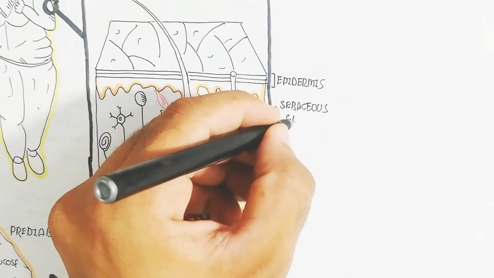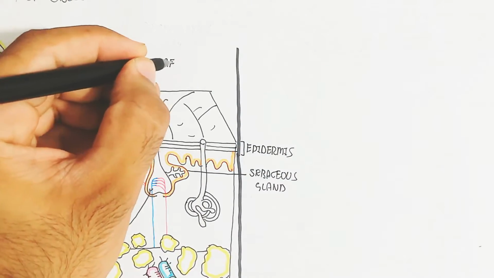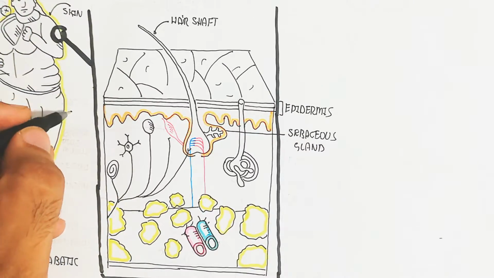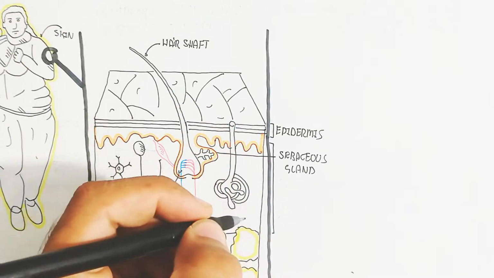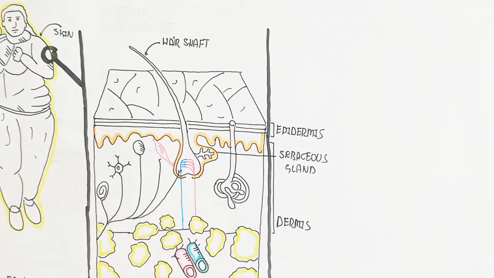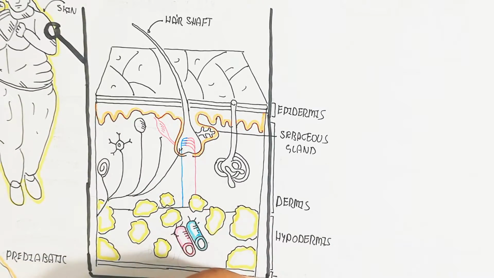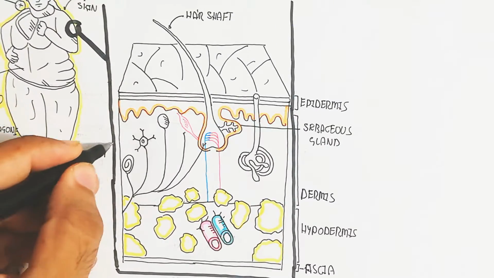This is the epidermis, and this is a sebaceous gland which is bound with the hair for nourishment of the hair shaft and to produce shine, which is a side note. This is the dermis, this is the hypodermis, and this is the fascia.